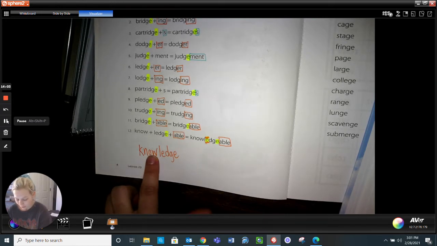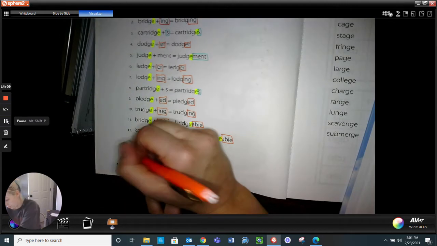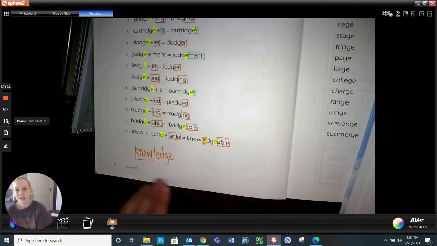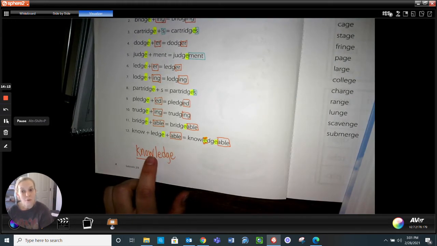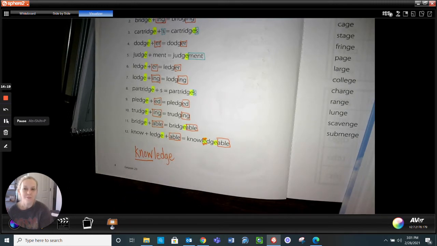Yeah, OW is saying ah. But what does OW say in the root know? In know, it says O, but in knowledge, it says ah, right? You would think that it would say knowledge, but that's not how we say it.